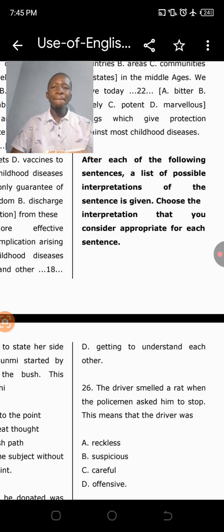It's an interesting topic that you can easily maneuver your way. All you just need to do is take out time, study, find out the meaning to each sentence, and you are good to go.